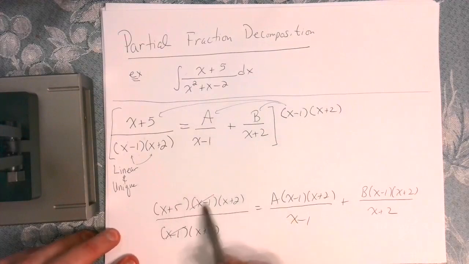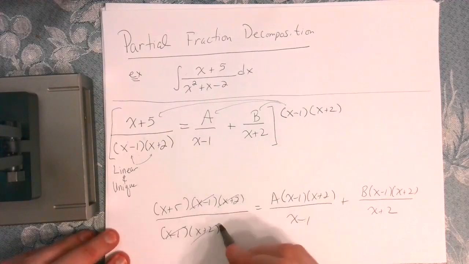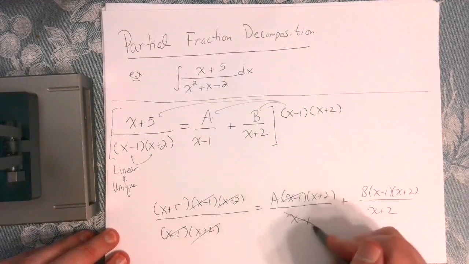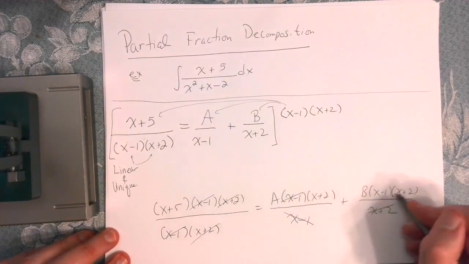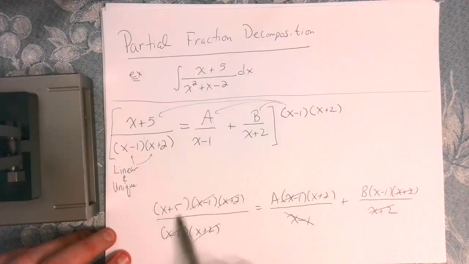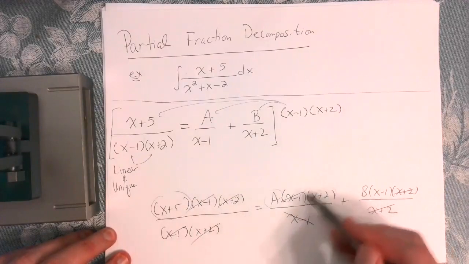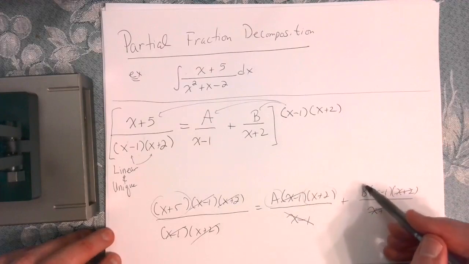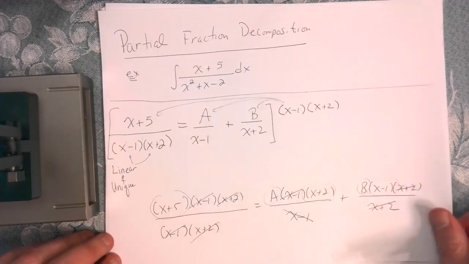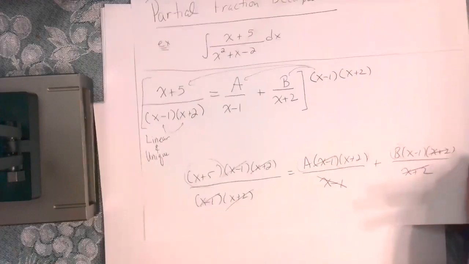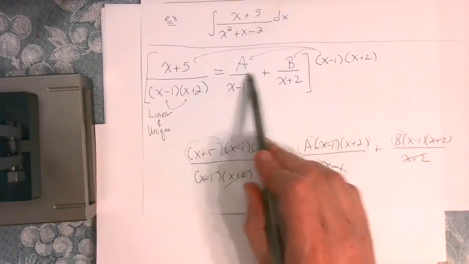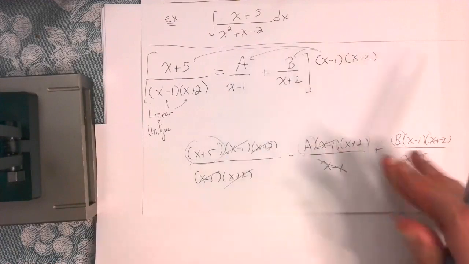Anything over itself is 1, so those will cancel. And so we're left with A times (x + 2) plus B times (x - 1). This is the equation we're going to use to find A and B, because again, we're looking for these constants A and B.